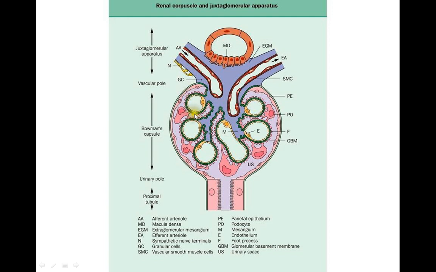Here we have a capillary loop. Inside this loop we have blood. This is the cell body of the endothelial cell of the capillary, and this is the cytoplasm, which is shown in yellow.